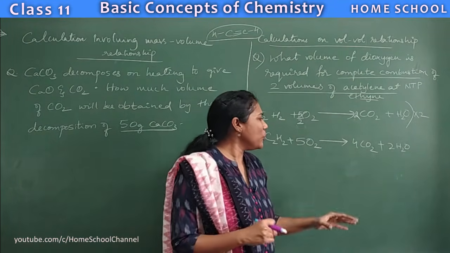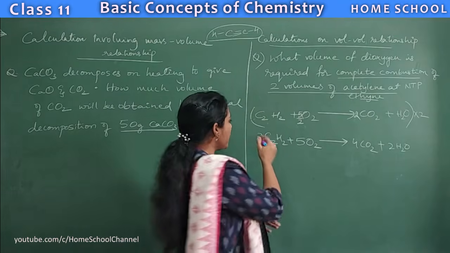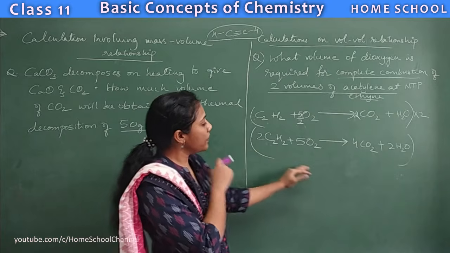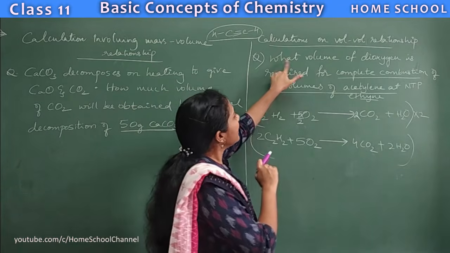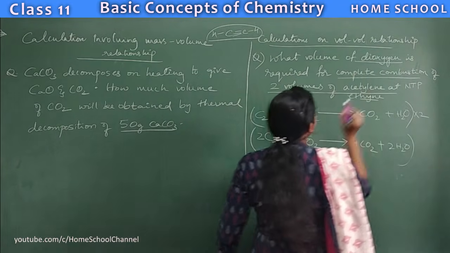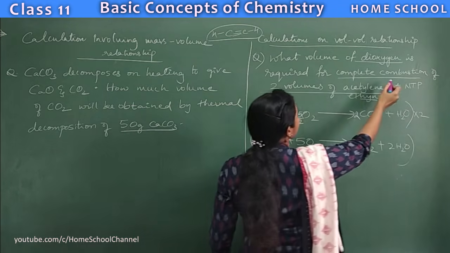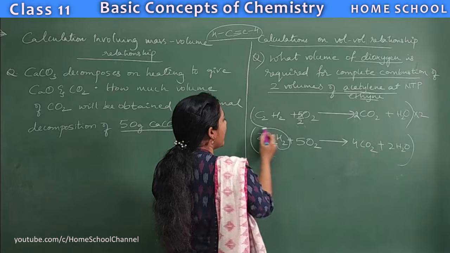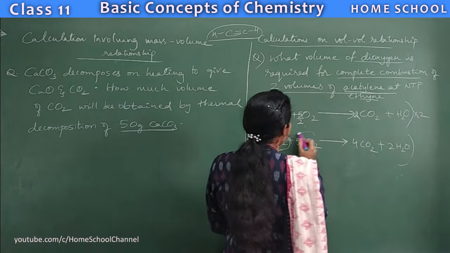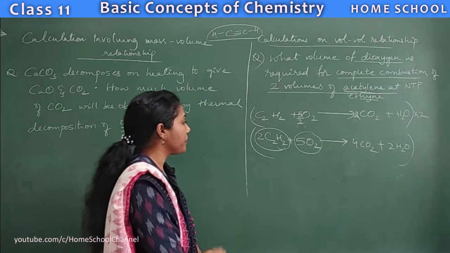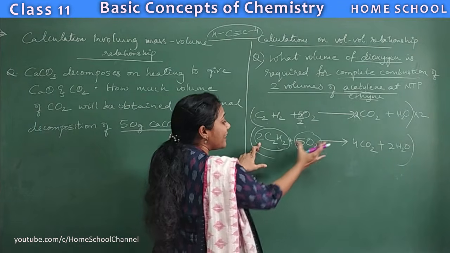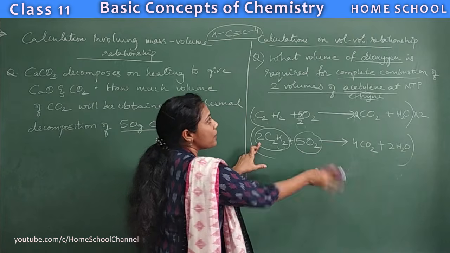Now let us try to write the information that we came to know from the equation. Okay, so what information can I write? They are asking about what volume of dioxygen is required for complete combustion of acetylene, right? So with respect to acetylene and oxygen, we should write the equation. So from the equation we can understand that you should write the information in terms of volumes.